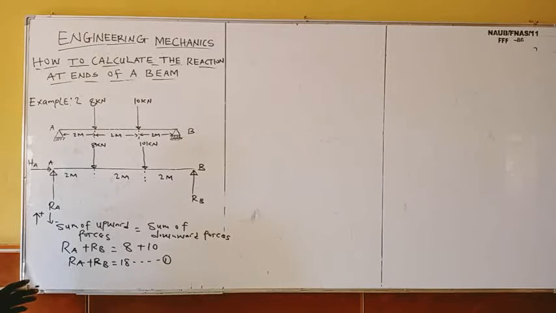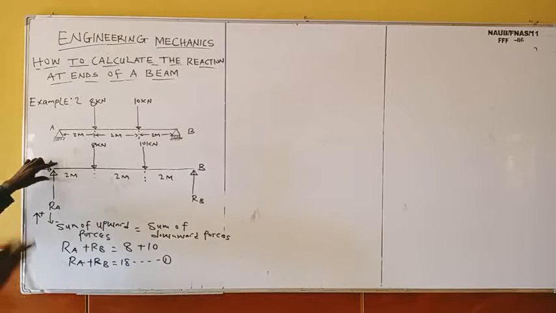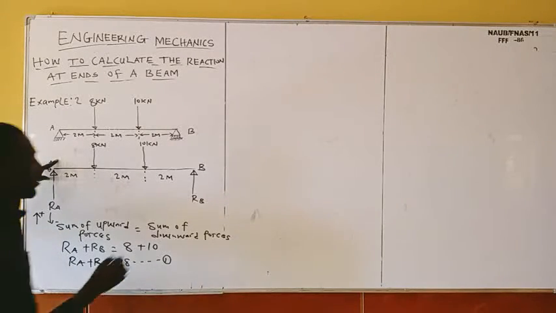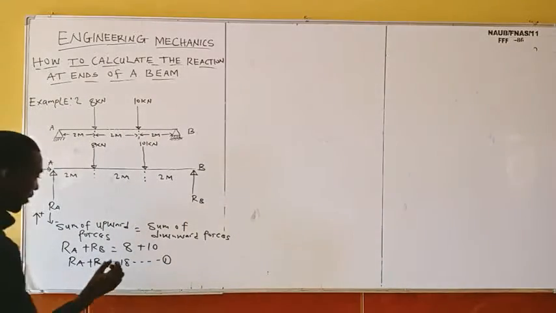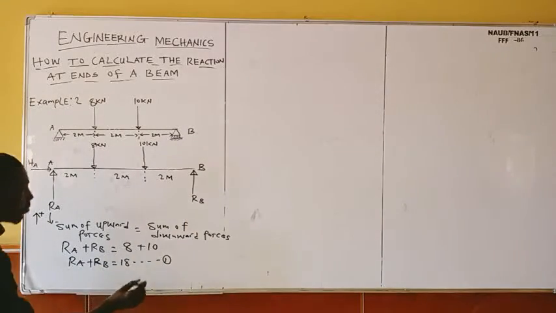The next step is you take your what? Moment. You take your what? Moment, either clockwise or anti-clockwise. But me, I always take my point at this point, what? A. So now, taking my moment along what point? A. It means moment, let me write it up.